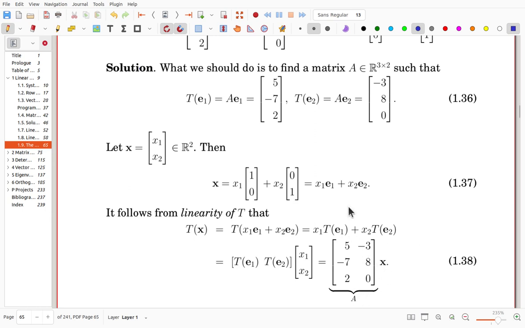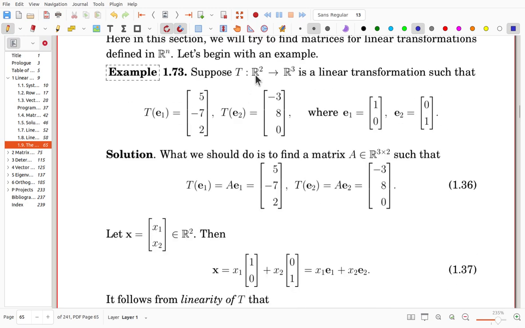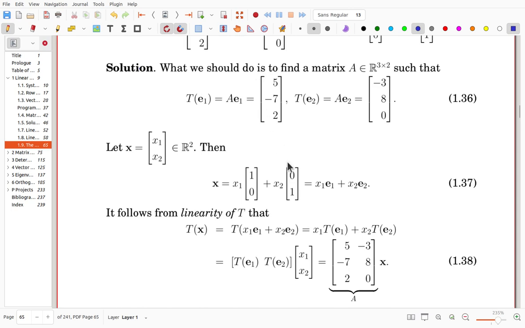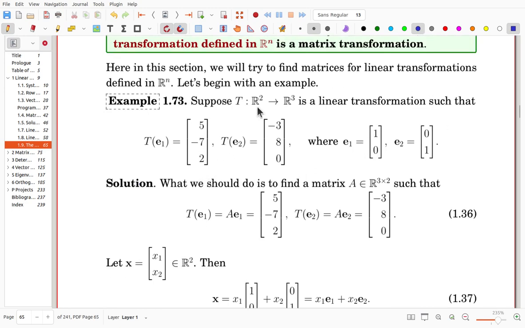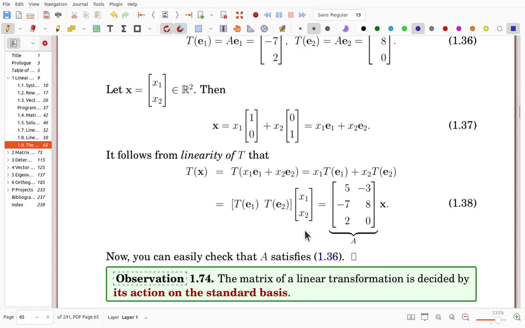So this example is showing that once a linear transformation is defined in R2, then we can write the linear transformation as a matrix multiplication. That is an example. But for any domain Rn, we can find the corresponding matrix.